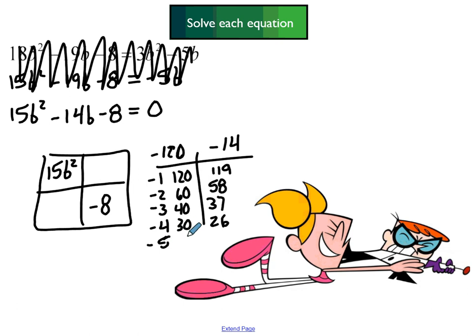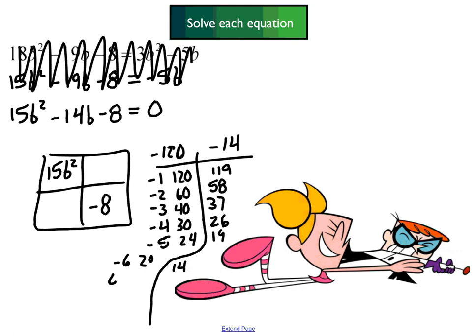I'm going to keep this going here. So we have -6 and 20 is going to be 14, which is the opposite of what I want. So I'm going to make it 6, and -20 is the -14.